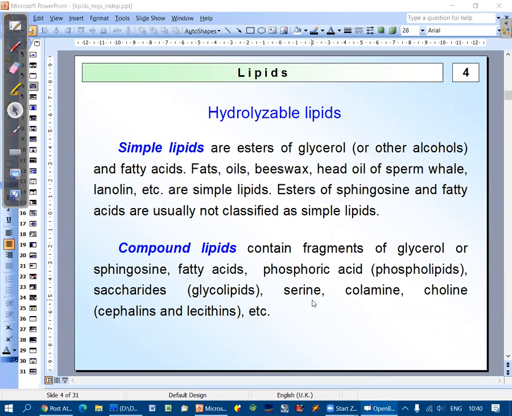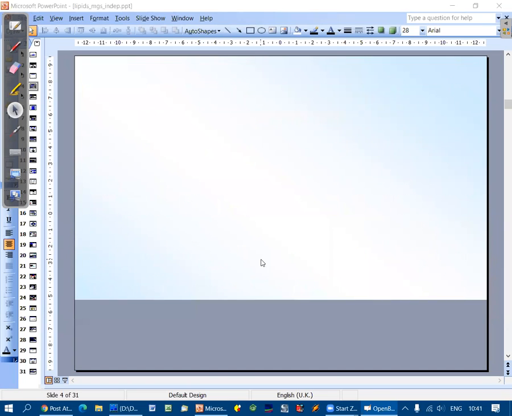In serine, there is a carboxylic group, but it can be considered as an amino alcohol because besides the carboxylic group, it contains OH and an amine group. But it doesn't matter whether it is a simple lipid or a compound lipid, both will contain the residues of fatty acids.